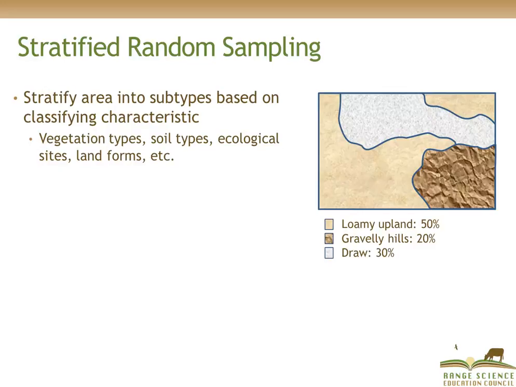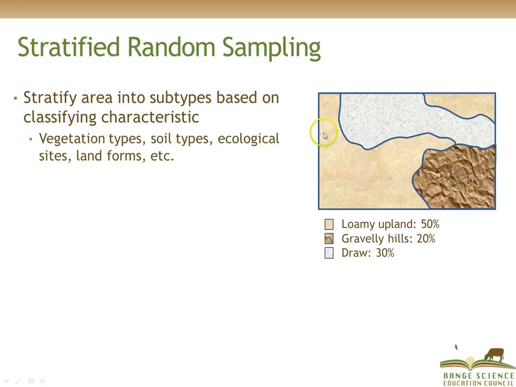The important factor is that we never stratify based on the attribute that we're measuring. So if you were measuring cover, you wouldn't stratify your area into strata that have high levels of vegetation cover or low vegetation cover.